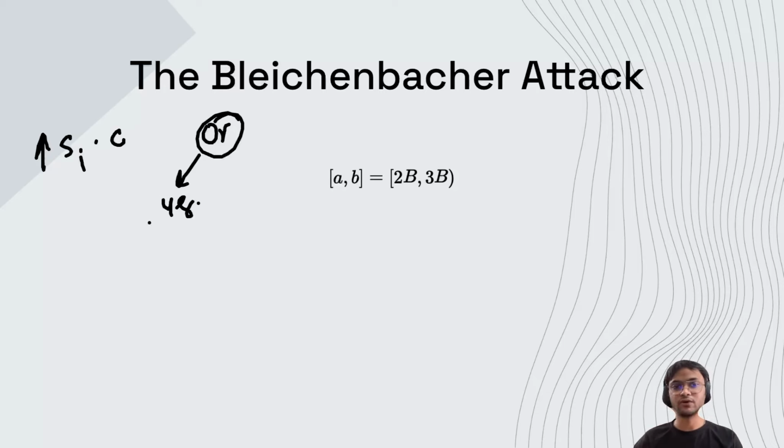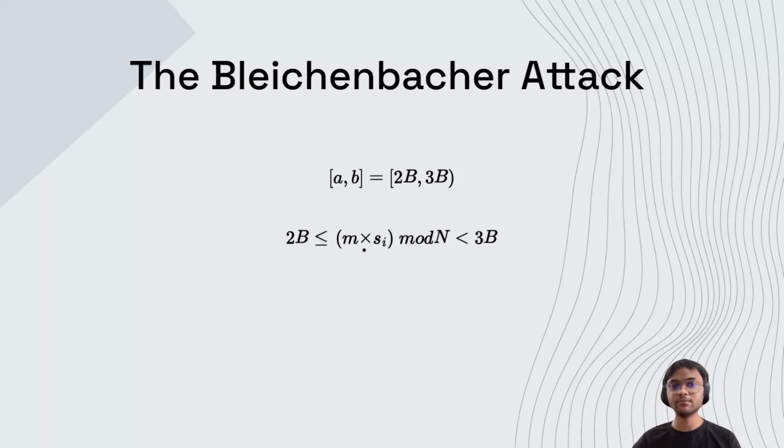Suppose this happens for a ciphertext c', which is c0 times s raised to e, where s is the multiplier that Eve chose. Given this feedback, Eve will now know that m times s lies in the range 2B to 3B.